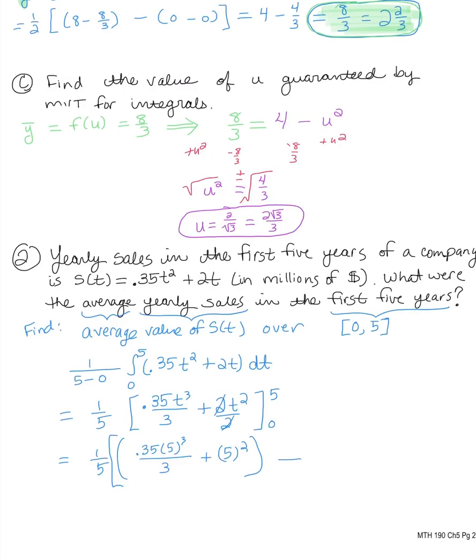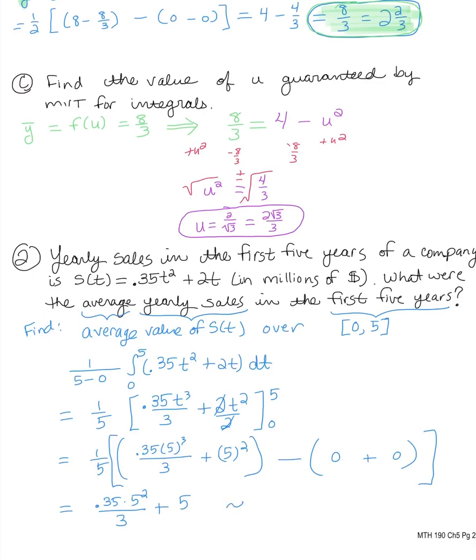The lower limit of integration is 0, but subtracting 0 wouldn't change anything here. If we wanted to distribute through that 1/5, we would end up with 0.35 times 5 squared over 3, and then plus 5.